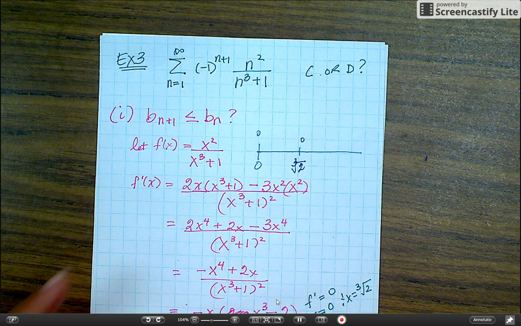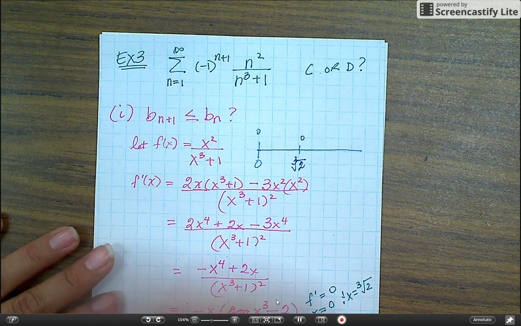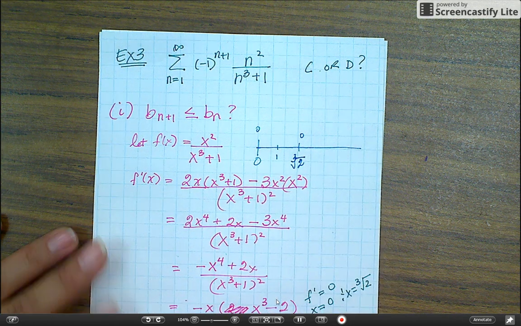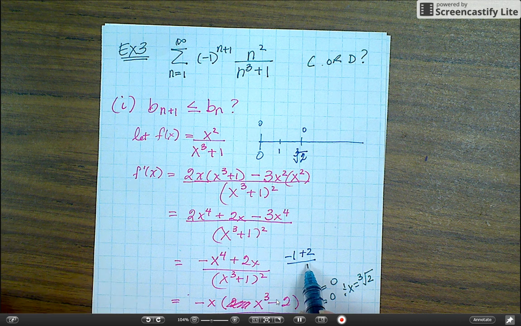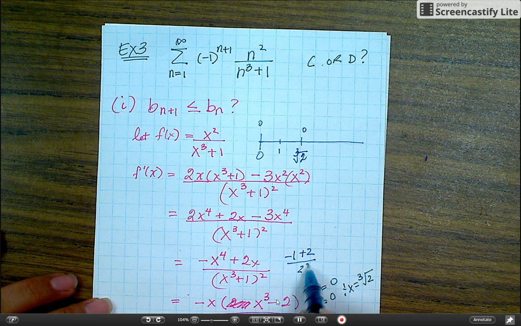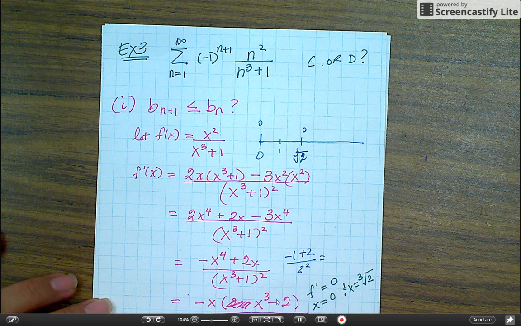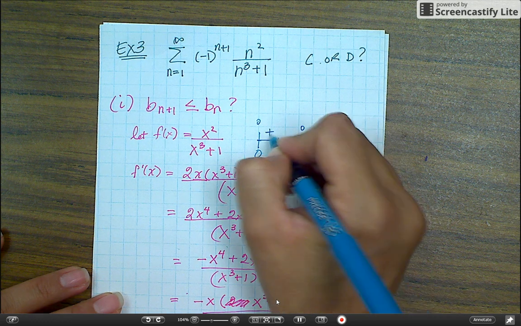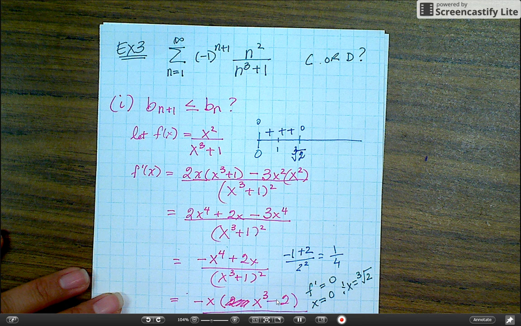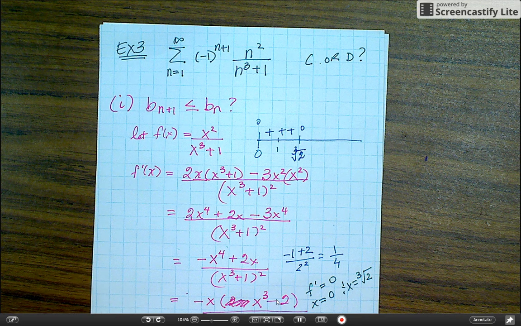So if I put 1 in, what am I going to get? Let me put it in here. That looks easier. It's negative 1 plus 2 divided by 2 squared. What's that? 1 over 4. That's positive. Right? Okay.